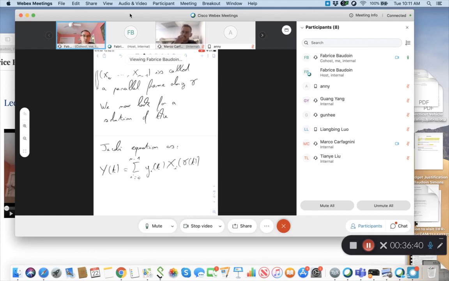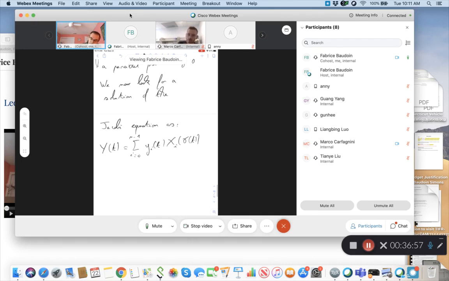So we look for a solution of the Jacobi equation as a linear combination of elements in this parallel frame. Okay? So now let's write the equation we get on the components yi.